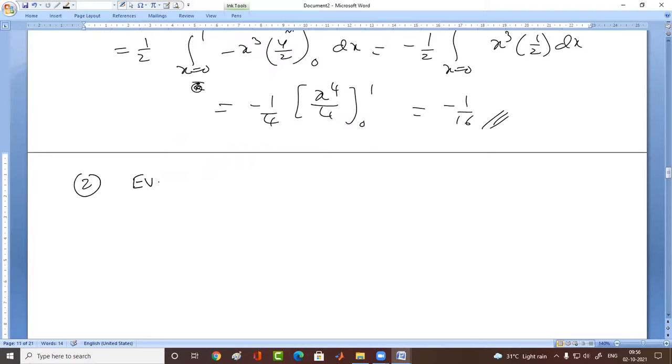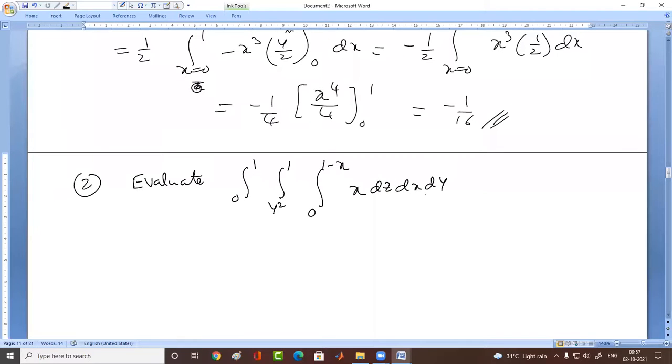Evaluate the integral 0 to 1, integral y square to 1, integral 0 to 1 minus x, dz dx dy.